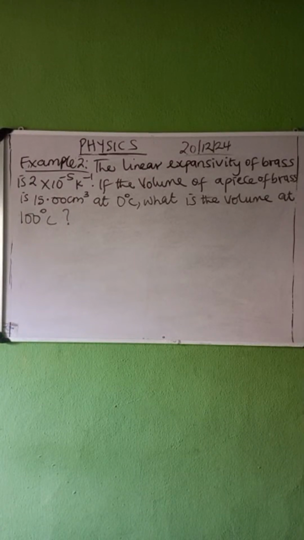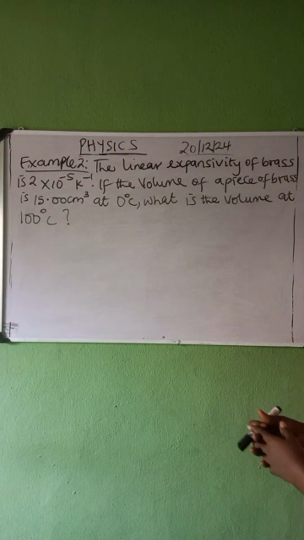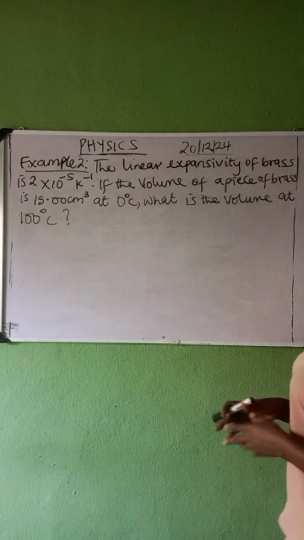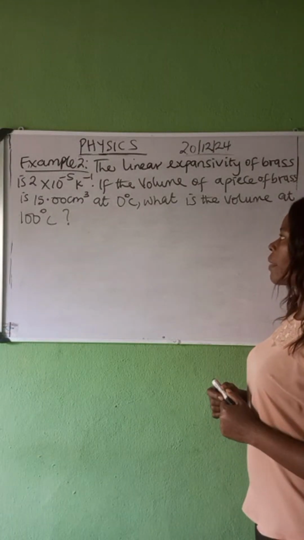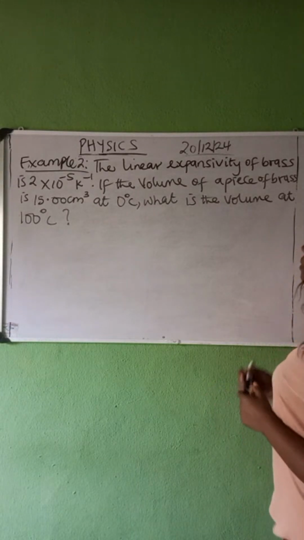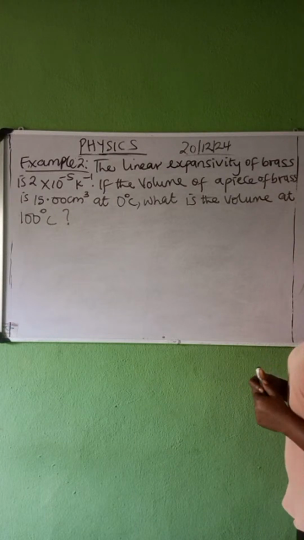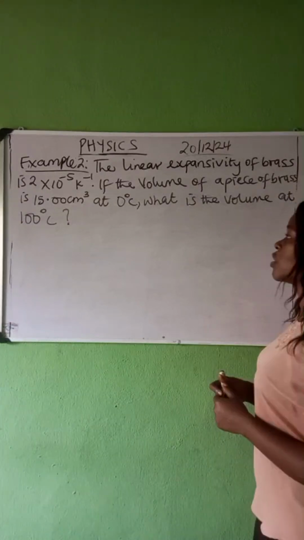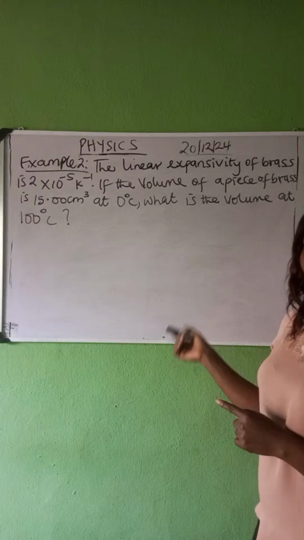All right, let's solve. The linear expansivity of brass is 2 times 10 raised to the power minus 5 per Kelvin. Let me go again. The linear expansivity of brass is 2 times 10 raised to minus 5 per Kelvin. That is alpha.